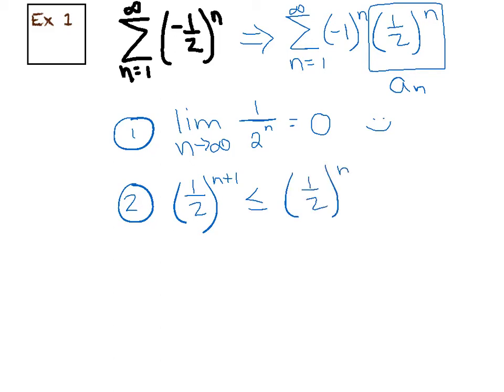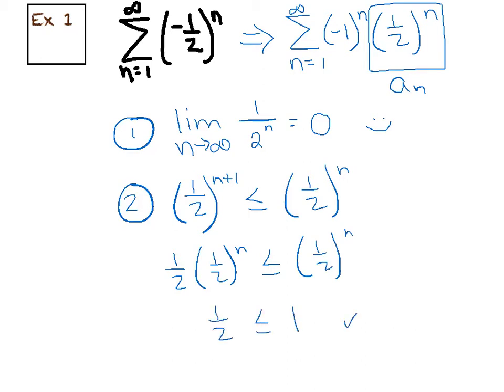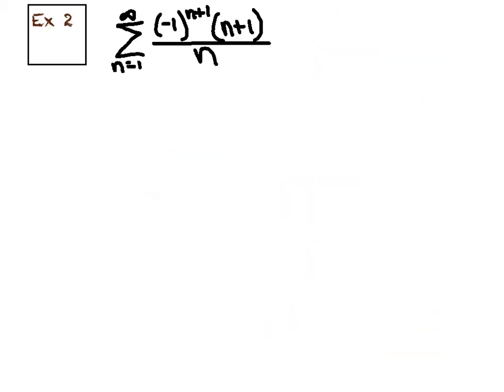I'm going to decompose on the left side: 1/2 to the first power times 1/2 to the nth power. Then I'm going to divide both sides by 1/2 to the nth power, and we verify, yes, 1/2 is smaller than 1. Check. Ding, ding, ding. We have a convergent series because both conditions were met.